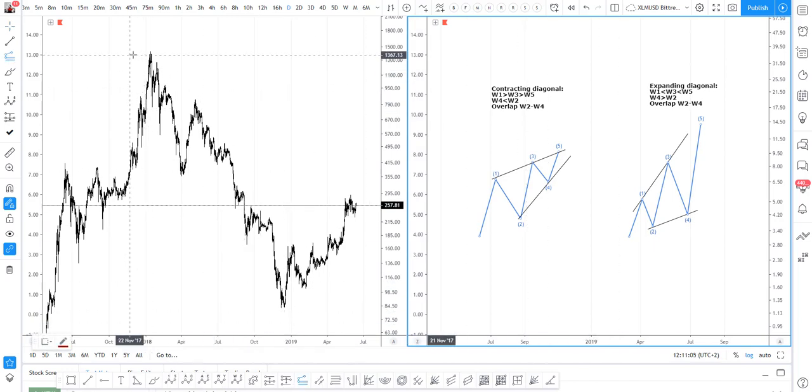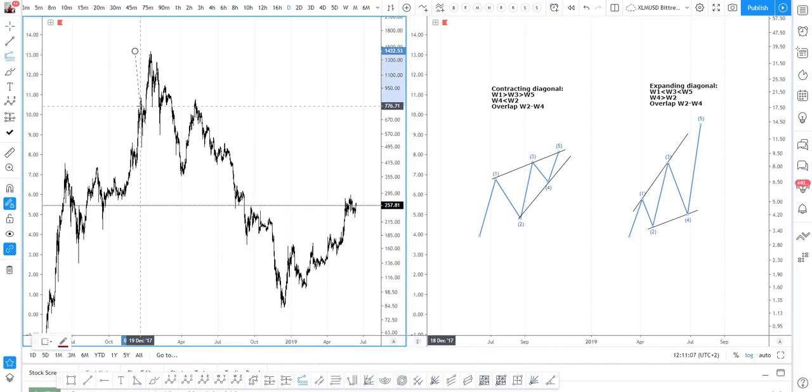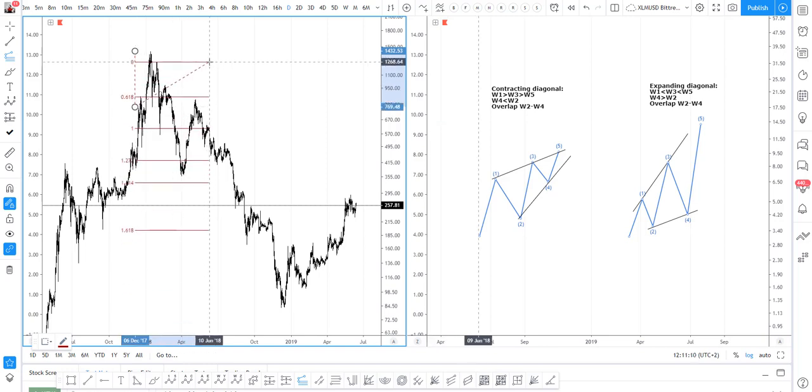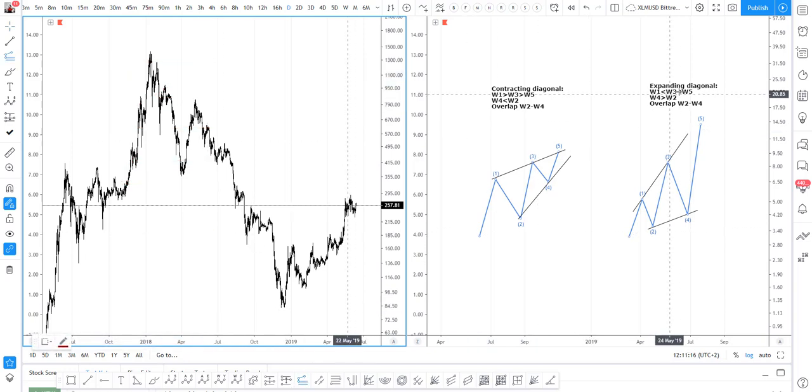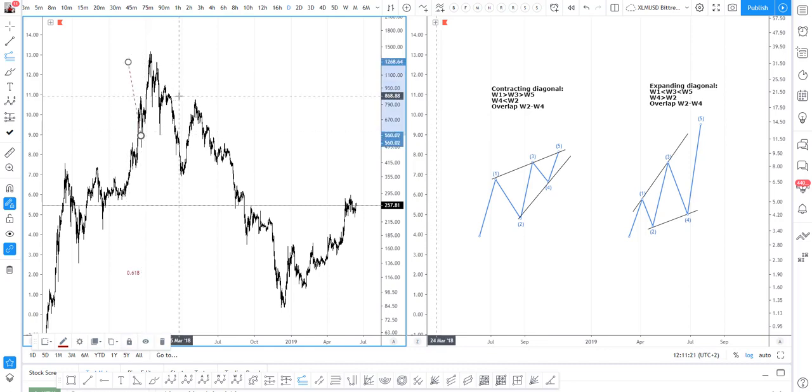If I try to measure this with TradingView, I have wave 3, which is longer than wave 1, so that leaves us only with the expanding diagonal possibility. Oops, sorry.